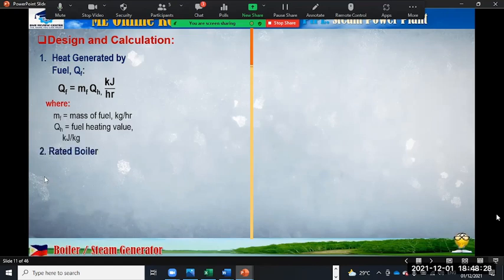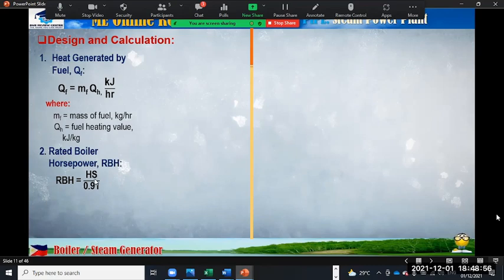And we have this term, rated boiler horsepower, or RBH. It is the boiler horsepower that the boiler is going to attain based on the heating surface area. So we determine the heating surface area and divide it by 0.91.